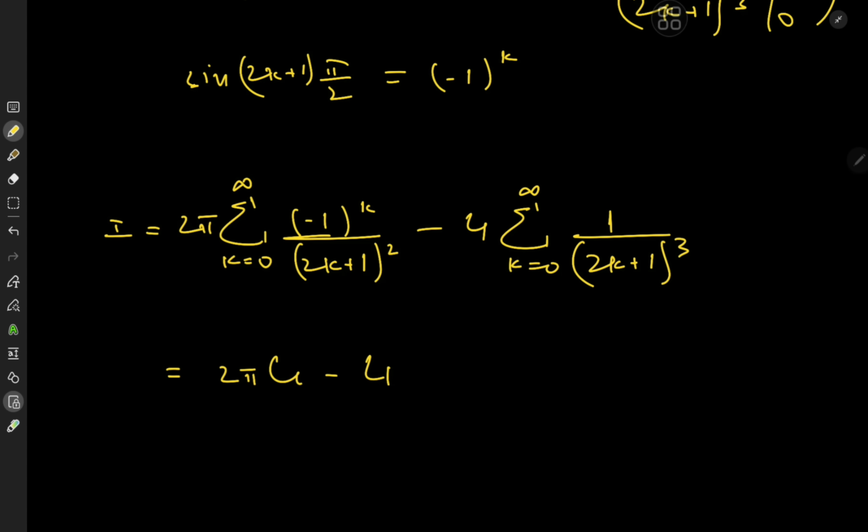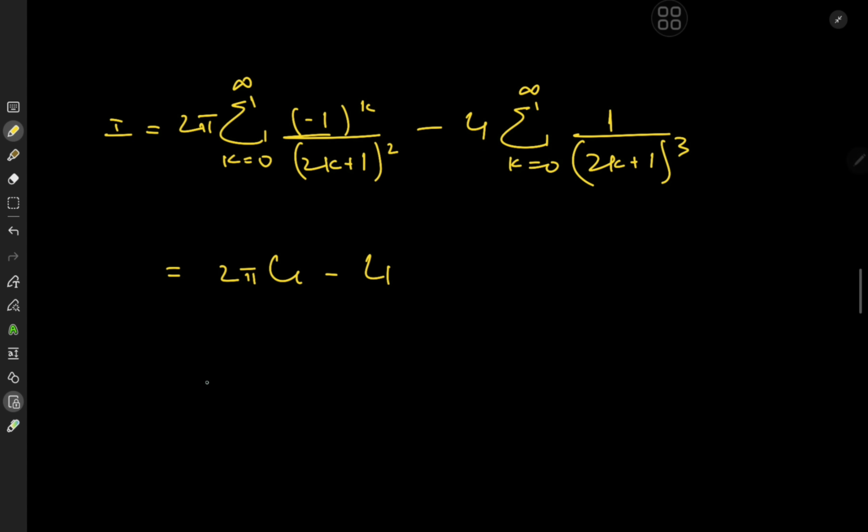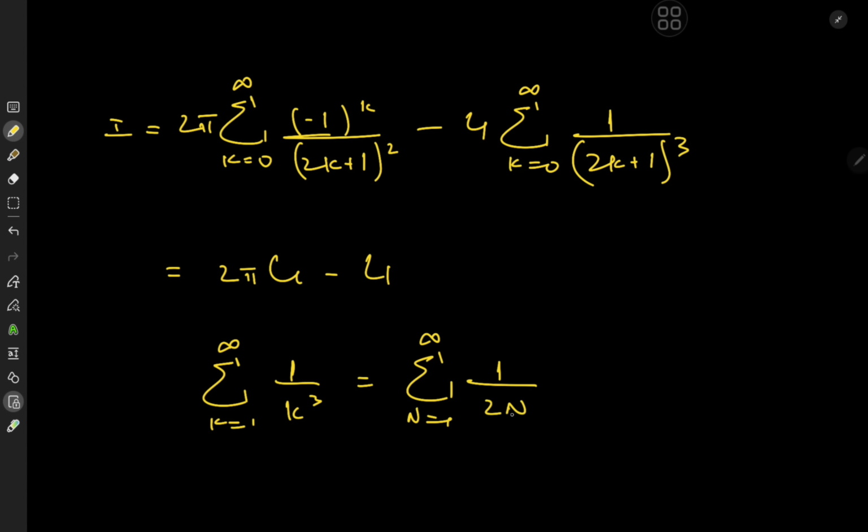This here is related to Apéry's constant, or zeta 3. And if you were to take Apéry's constant, that is the sum over k from 1 to infinity of 1 over k cubed, and decompose it over even and odd values of k, you would have the sum over n, let's say, from 1 to infinity of 1 over (2n) cubed. So that's 1/8 of the sum of 1 over n cubed, which is just Apéry's constant again, plus the sum over n starting from 0 to infinity.